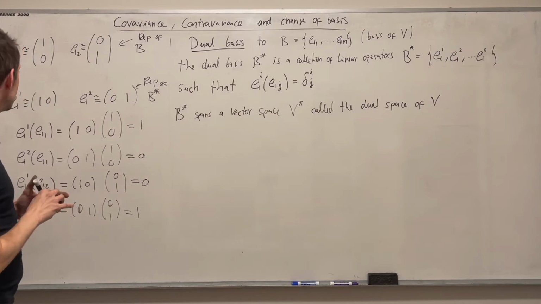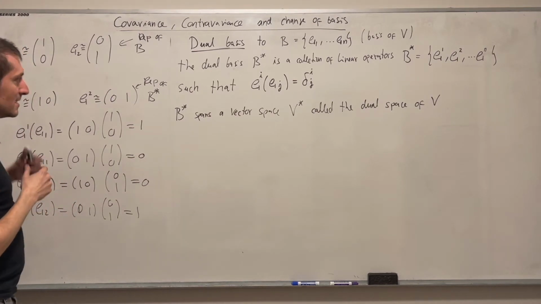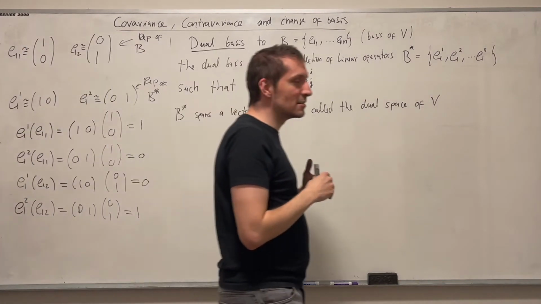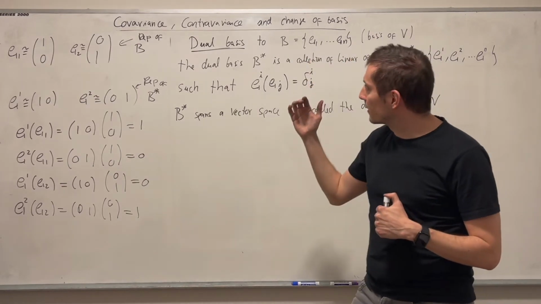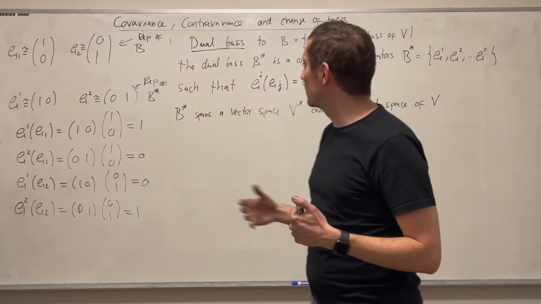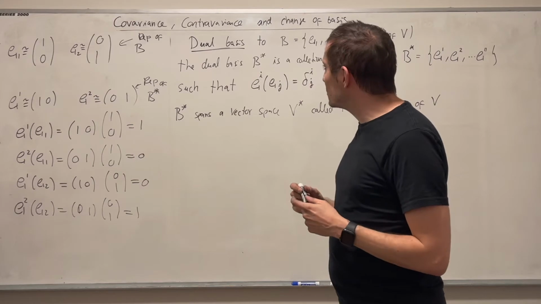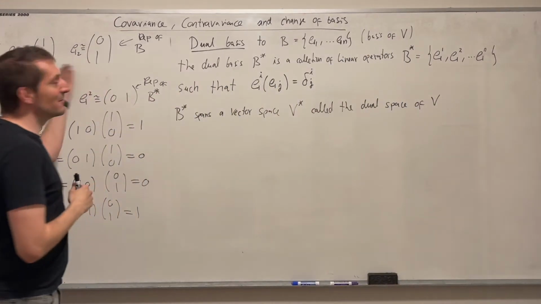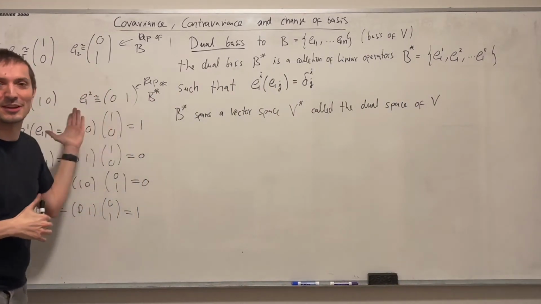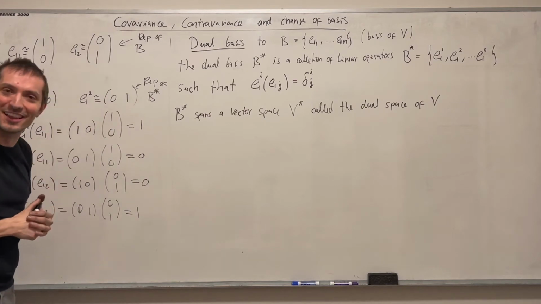So the dual basis is made of the operators that, acting on the elements of the basis, give you the identity. But of course, if this thing spans a vector space, which is R2, this also spans a vector space, which is R2 as well.